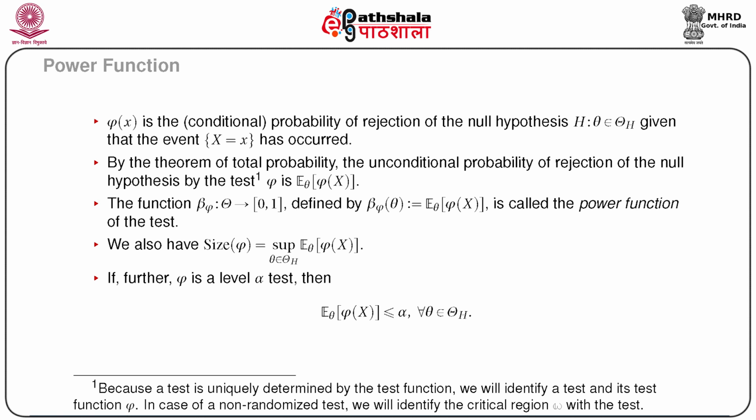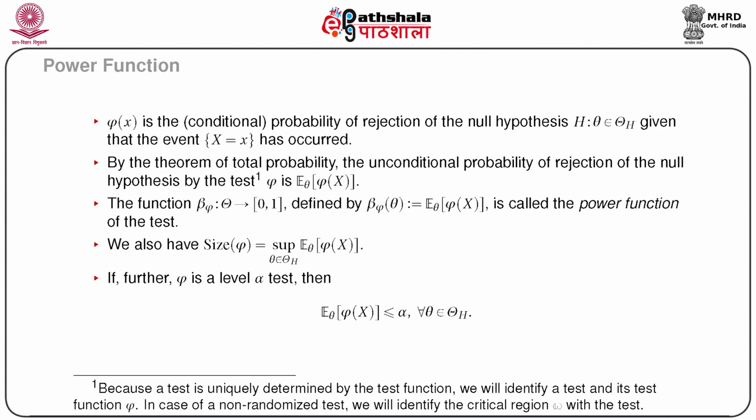We have seen that a randomized test phi(x) is the probability of rejection of H when x is observed, and hence the unconditional probability of rejection of H is the integral over script X of phi(x) p(x, theta) dx, where p(x, theta) is the joint distribution of X, and therefore it is equal to the expected value of phi(X) under theta, where theta belongs to script Theta.